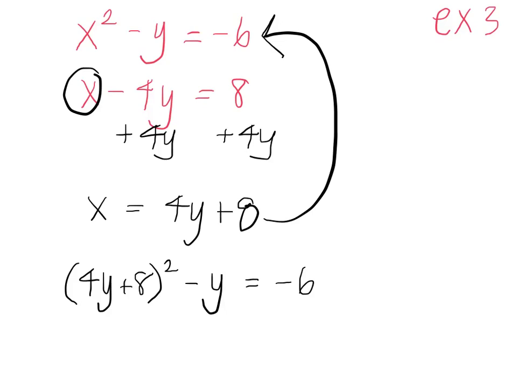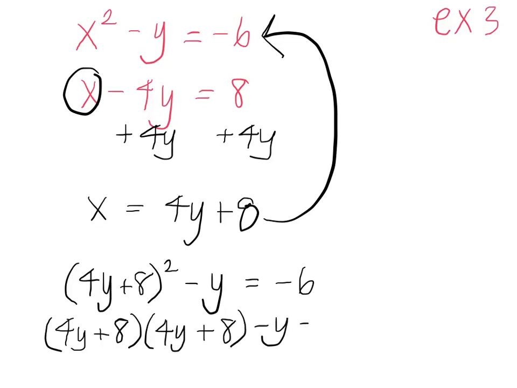Now I have 4y plus 8 squared, so we're going to multiply that out. Remember, the square means it's an inside term multiplied by itself. So it's not just 4y squared plus 8 squared. It's actually 4y plus 8 times 4y plus 8 minus y equals -6.